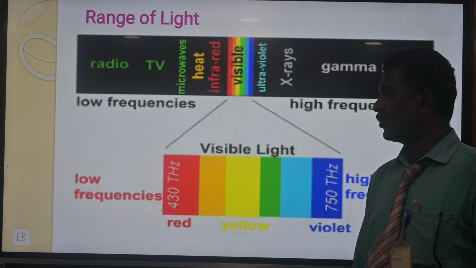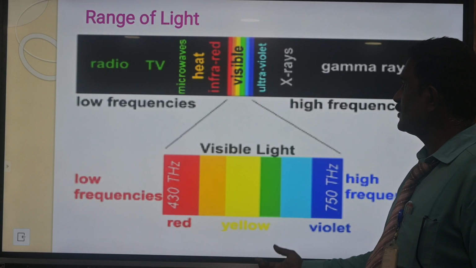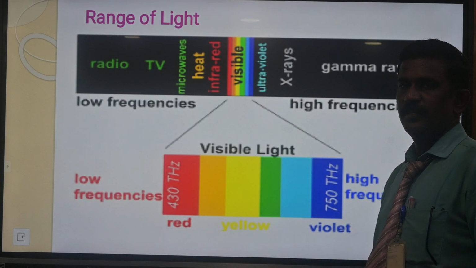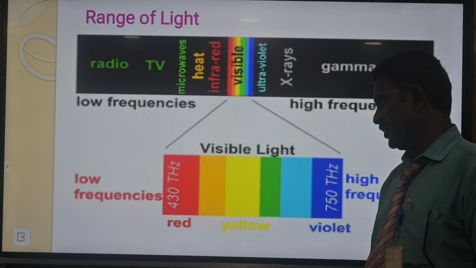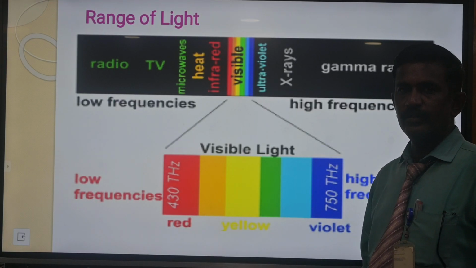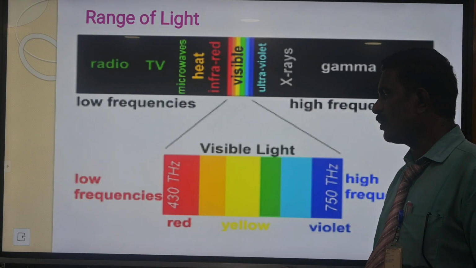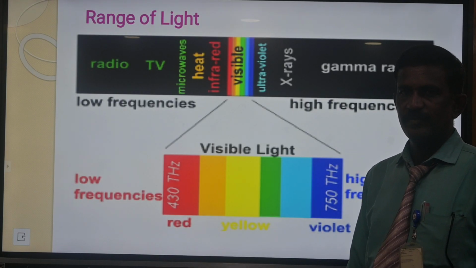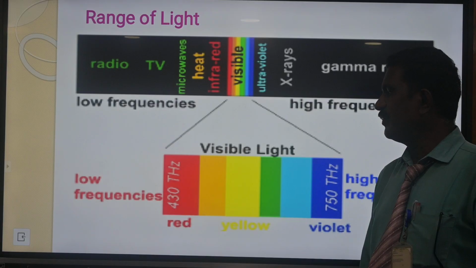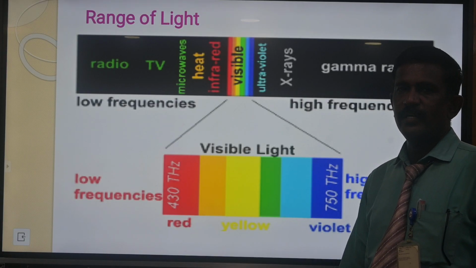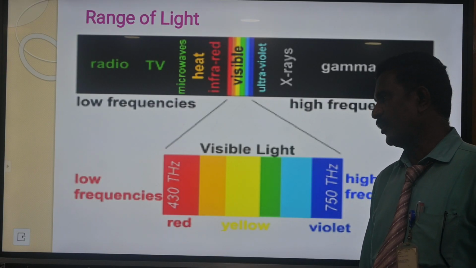In this, the visible light itself has a broad range, right? Which starts from red to violet, so that we commonly call VIBGYOR. And this particular region covers from 400 nanometer to 800 nanometer.